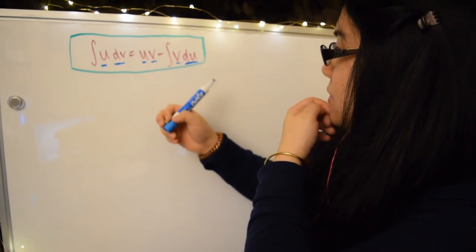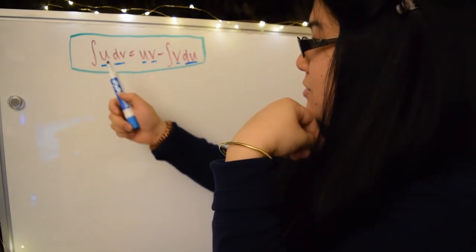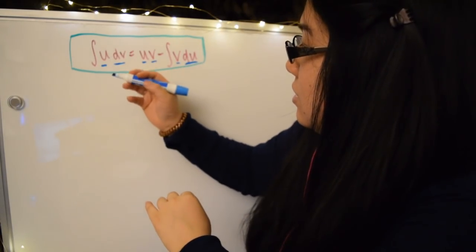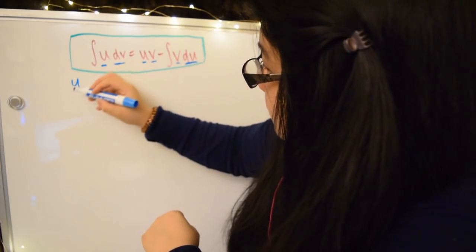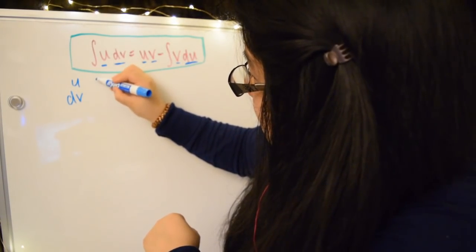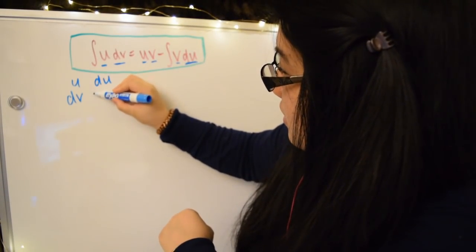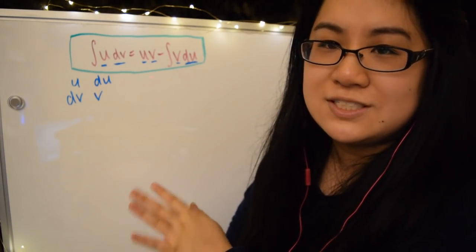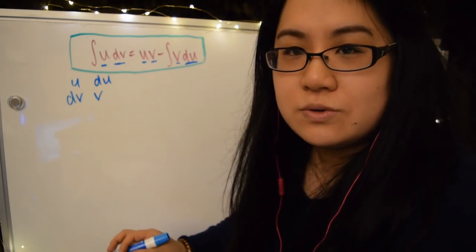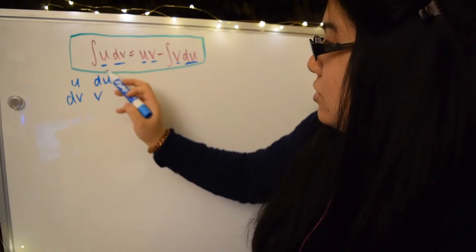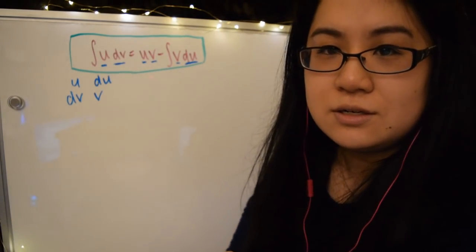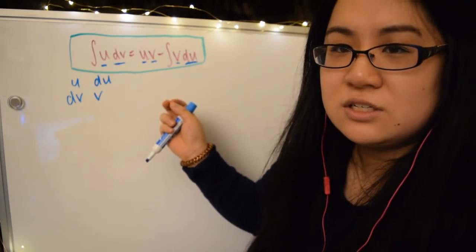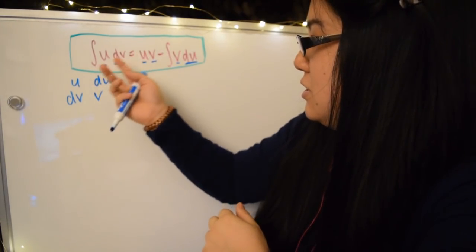Okay, so the four unique parts, of course I'm using u and v and du, but the four pieces that we know are u, du, dv, and v. And I'm writing them in this bizarre order for a reason, and I'll show you in just a second. Okay, so the general idea is we're going to start with this side when we work with our integral. And we want to split the integral that we're finding into these parts.